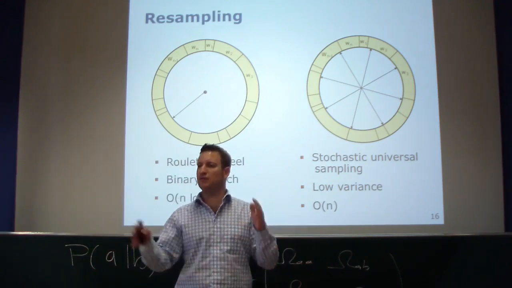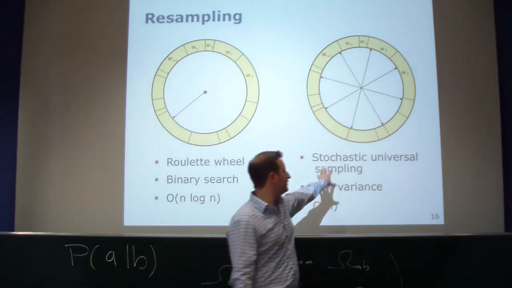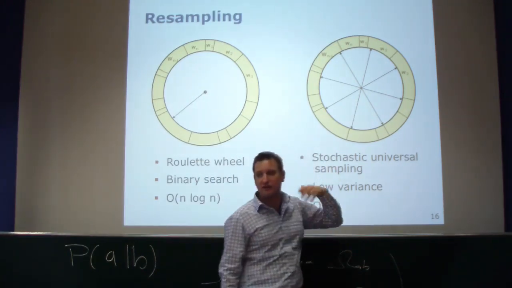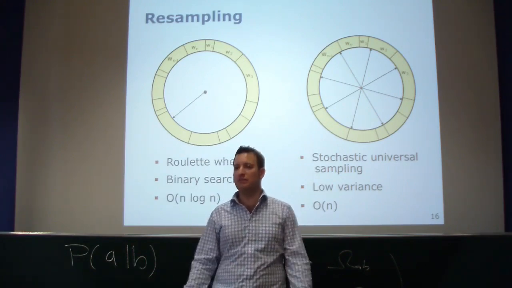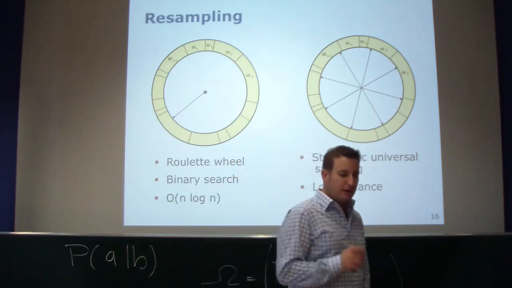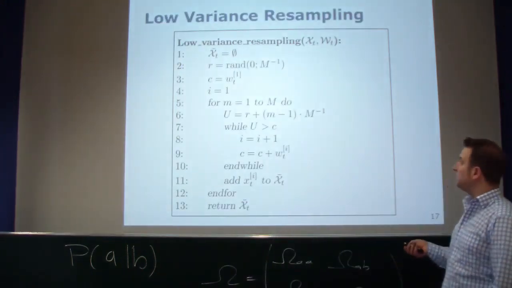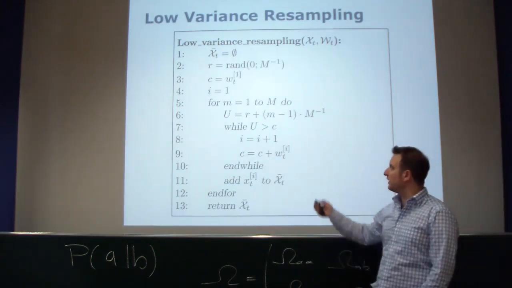They all get roughly the same weight. In this case, this resampling technique is key to success. Otherwise, it's very likely that you just by chance eliminate the good hypotheses where the robot actually is and don't replicate them. The other thing is you can implement that quite effectively with just one for loop. I don't want to go into the details.